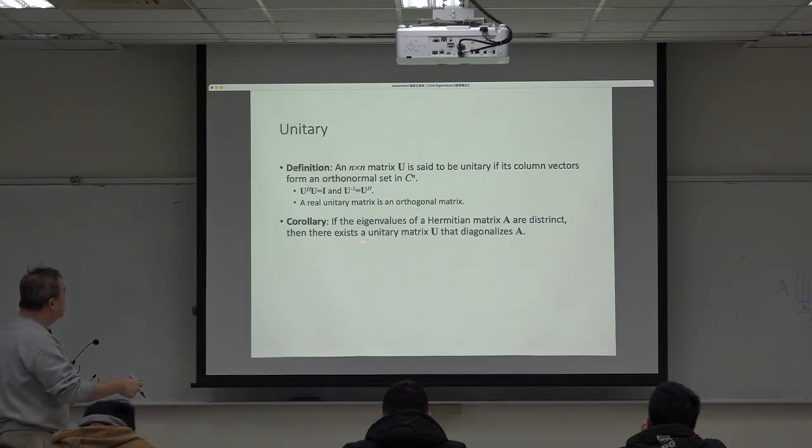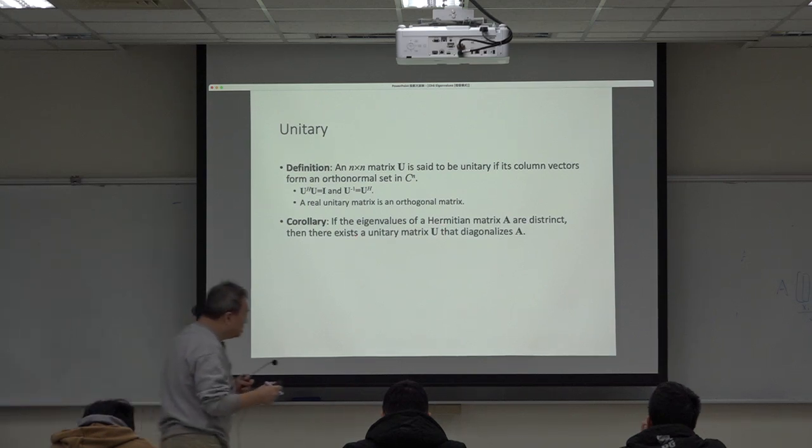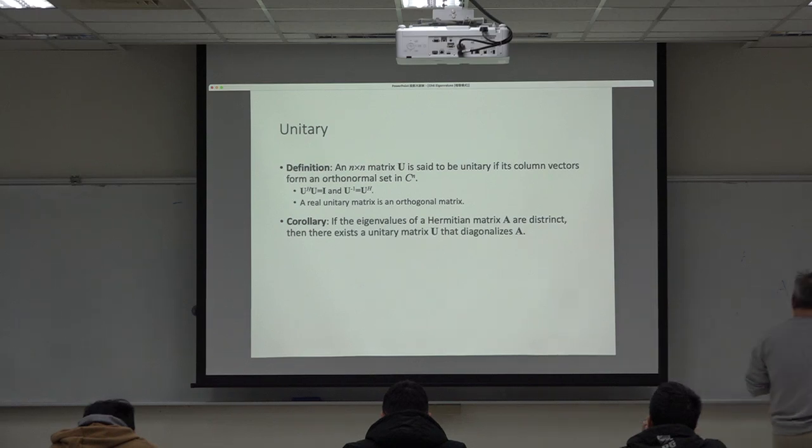So there exists a unitary matrix U. Remember x1 to xn, each pair of them are orthogonal, right? And we can certainly make them orthonormal. We just divide by their length. For each of these eigenvectors, we just divide by the length. So this is U. And we know the inverse of U is UH, right?